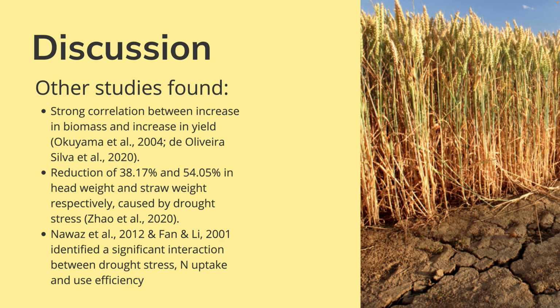Other studies also identified a significant interaction between drought stress, nitrogen uptake, and nitrogen use efficiency. So when there is drought stress, wheat won't absorb enough nitrogen, and if it absorbs, the use efficiency is low. It is negatively affected by drought.